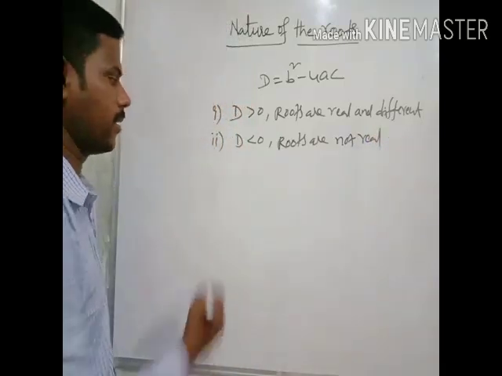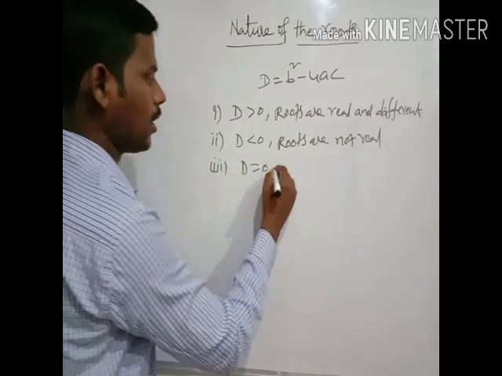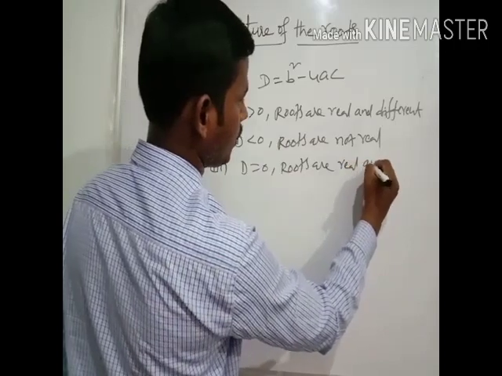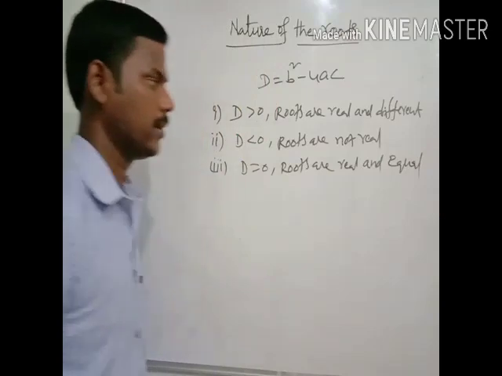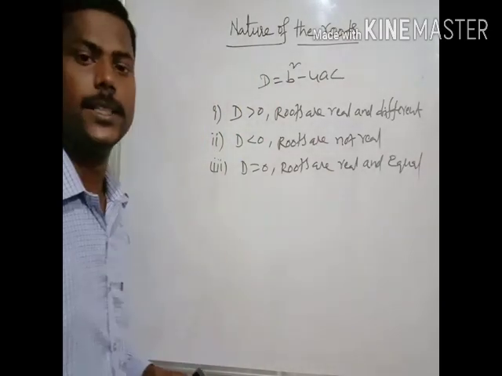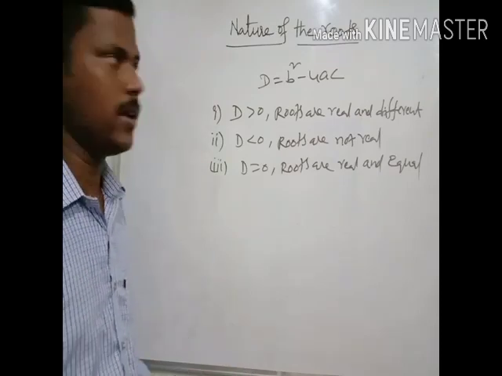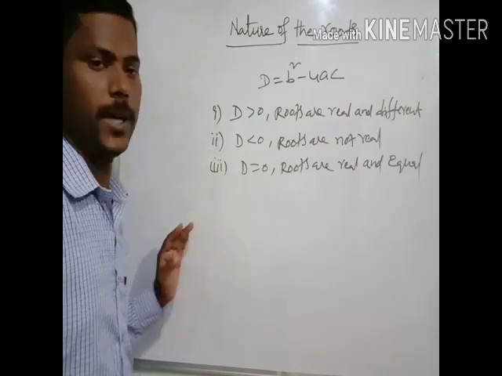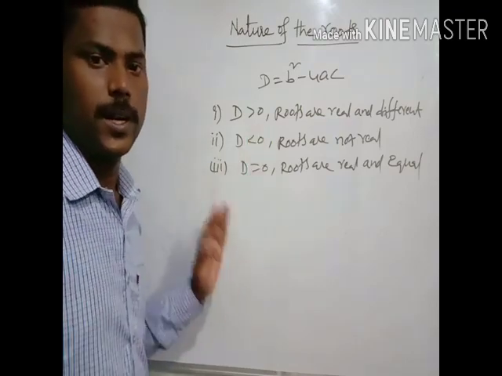Third one, D equal to 0. Then what happens? Roots are real and equal. These are the three conditions to find the nature of the roots of a quadratic equation. What is the importance of the discriminant? To find the nature of the roots. That means which type of roots they are, real or different.